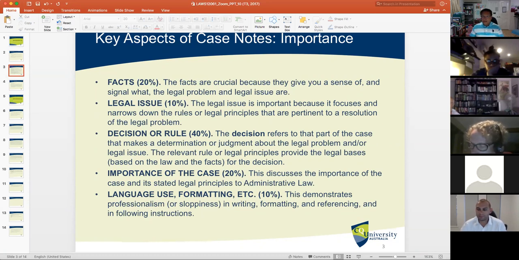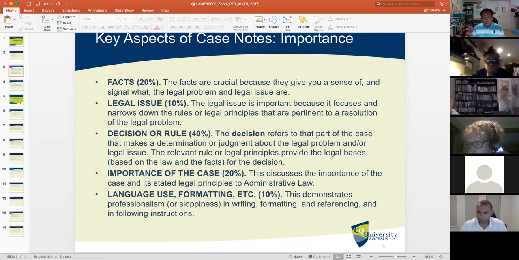Otherwise, we need to examine whether an application for judicial review can be based on Section 39B of the Judiciary Act of 1903 or Section 75, subparagraph 5 of the Commonwealth Constitution.